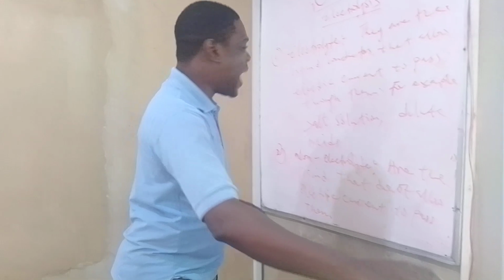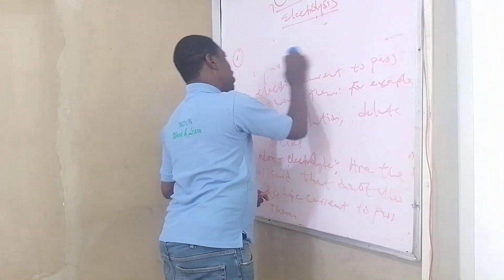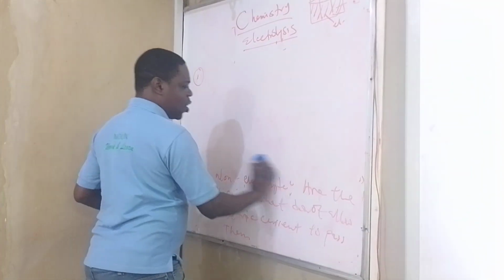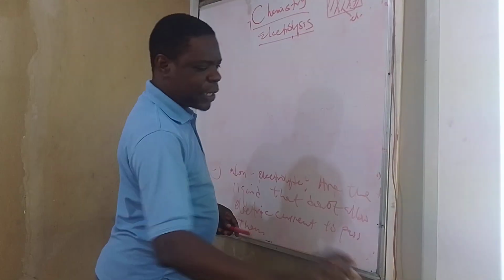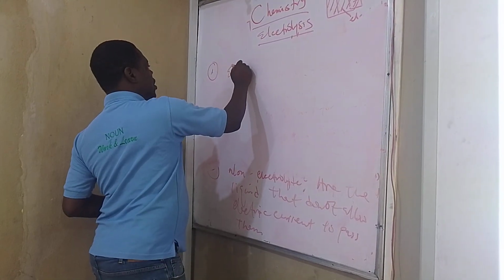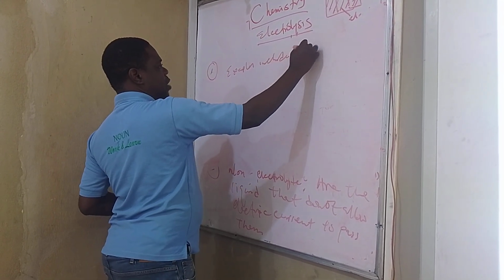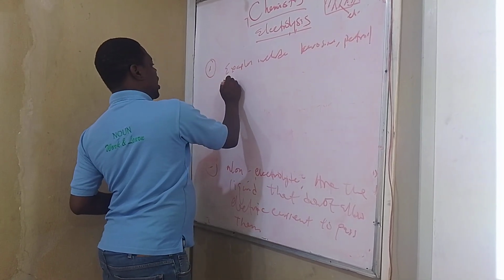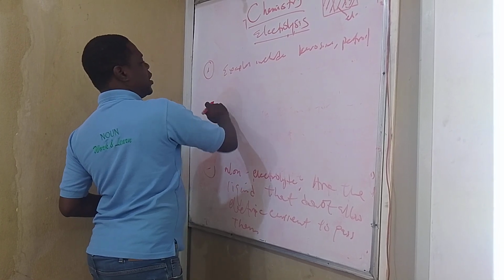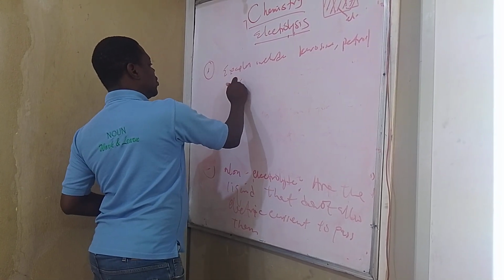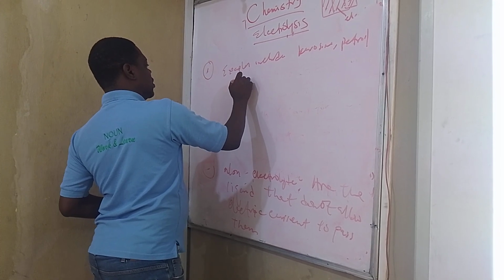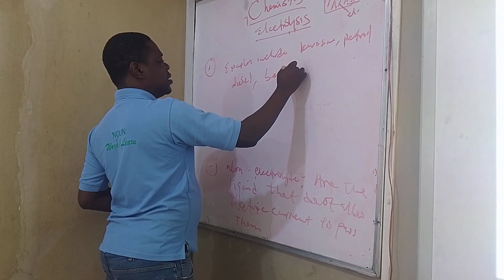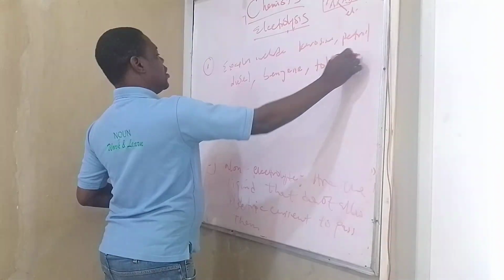Examples in this aspect include the majority of our organic compounds, like kerosene, petrol, glycol, diesel, benzene, toluene, and so on and so forth.